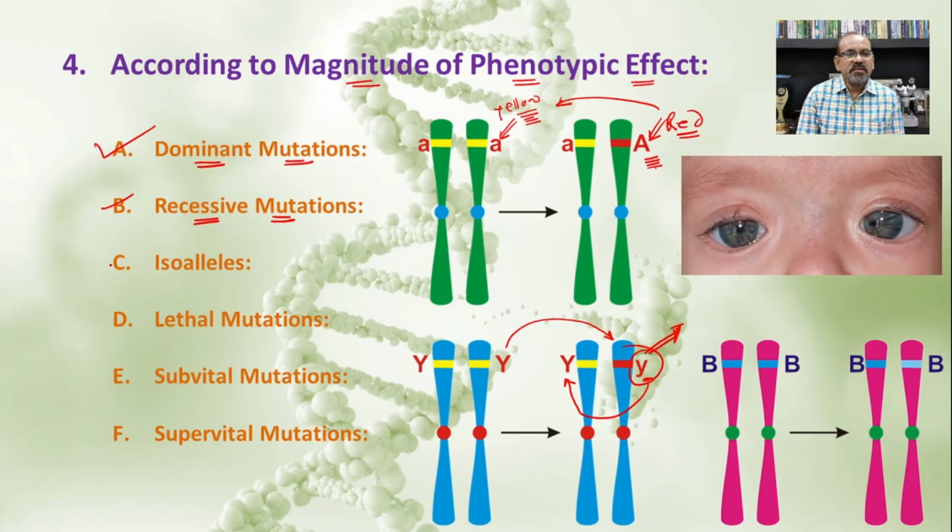Then the third type is the formation of the isoalleles. Iso means the same, meaning that whenever there is a mutation in a particular gene, it becomes somewhat similar, and there is only a minute difference between their phenotypic expression or phenotypic characteristics.